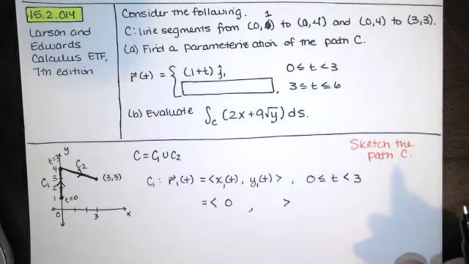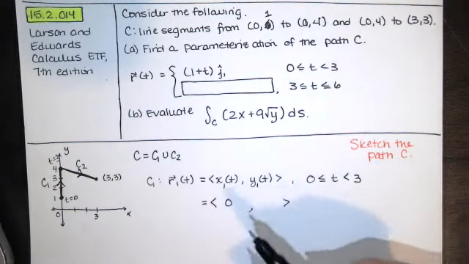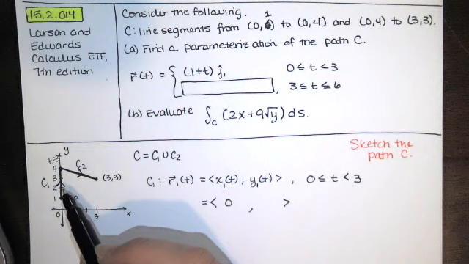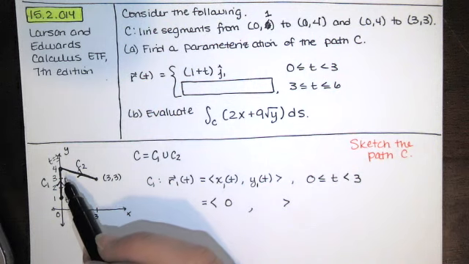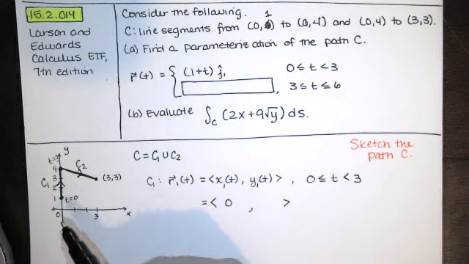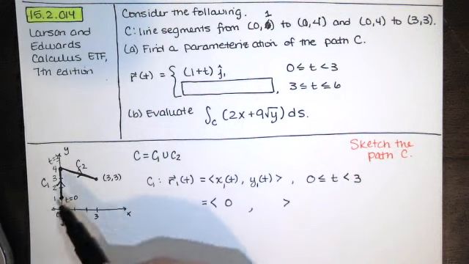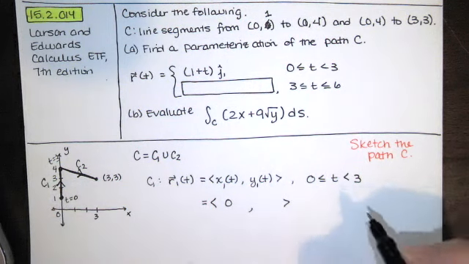What is y in terms of t? Well, y is changing. When t is equal to 0, we want y to equal 1. And when t is equal to 1, we want y to equal 2. When t is equal to 2, we want y to equal 3. When t is equal to 3, we want y to equal 4. I'm not so interested in the points in between. All we really need are 2 points.